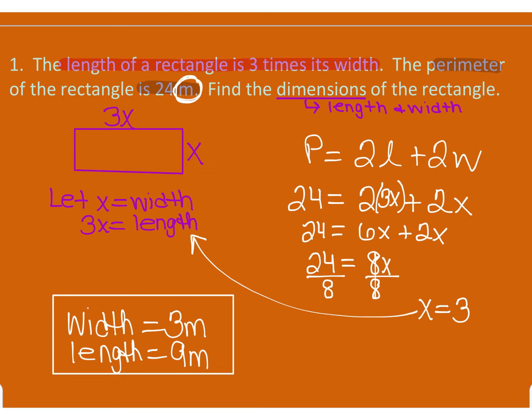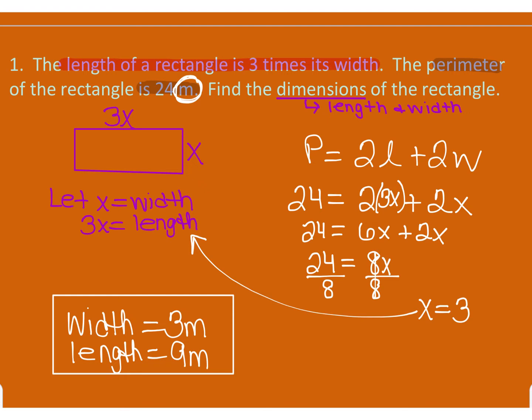I like to highlight and underline things that are important for us to realize and work through. That's what you're seeing here, going through each of these different pieces. So I drew my rectangle. Now I'm going back to my question, and it says the length is 3 times its width.